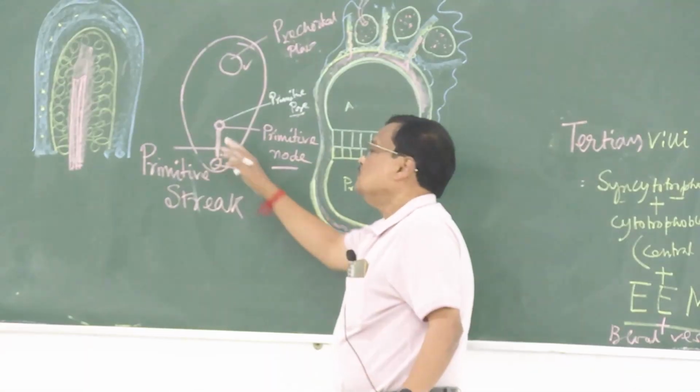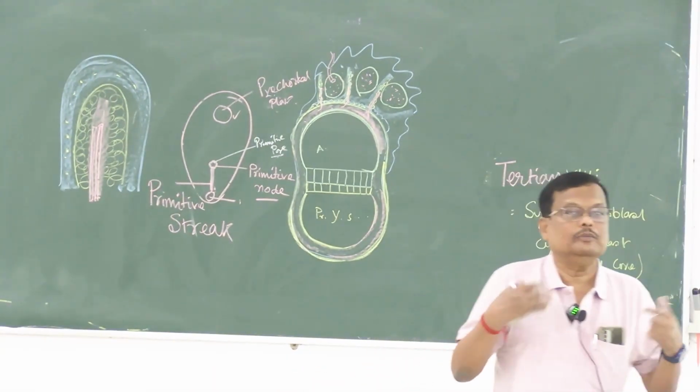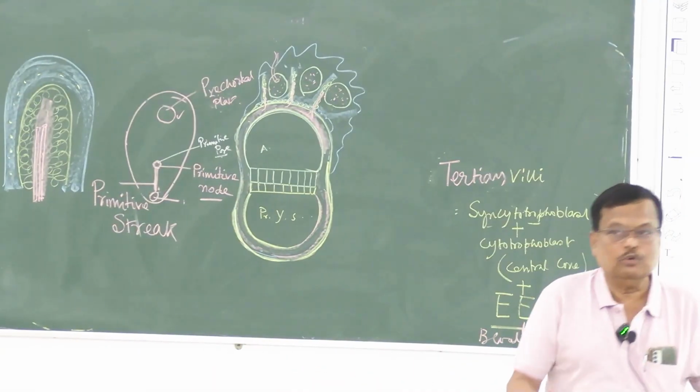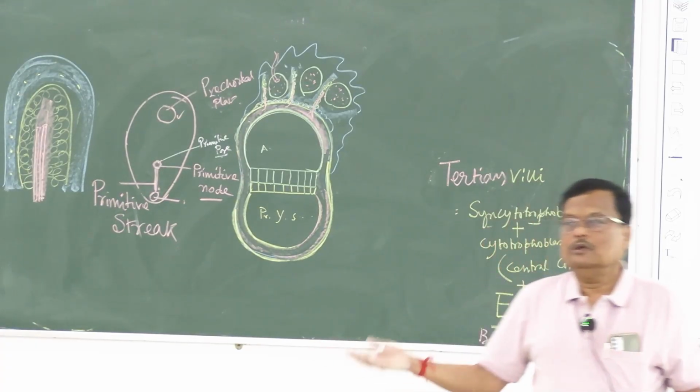So the examination at class 10 decides the future course of your life. Similarly, primitive streak will decide the future generation, which will be the ectoderm, which will be the endoderm, which will be the mesoderm. How? Now you look.